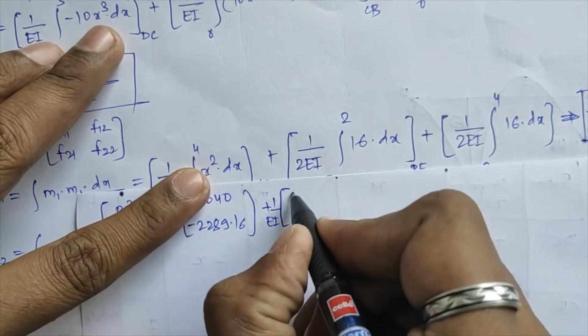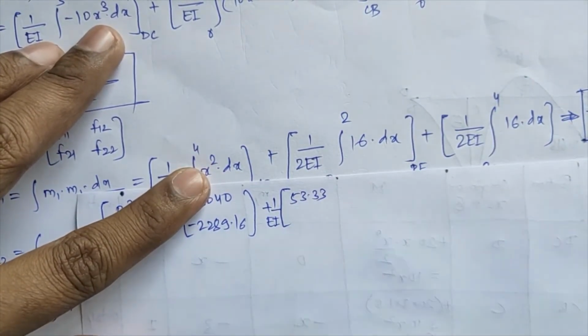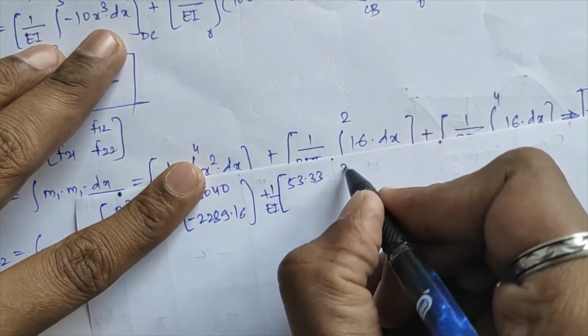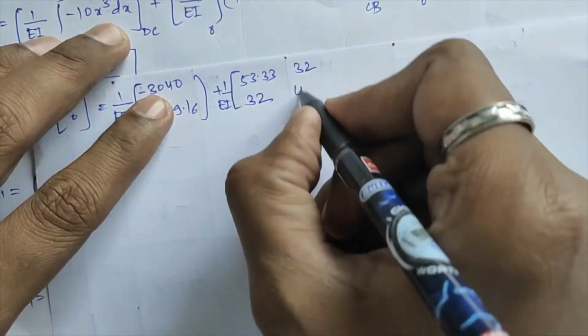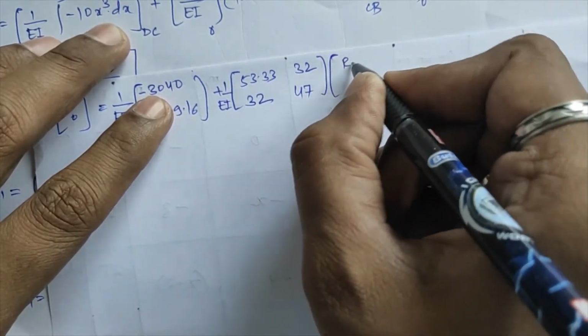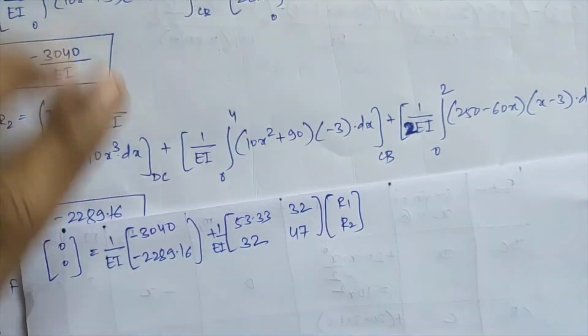So f of 11 I am getting equal to 53.33, f of 21 I am having 32, and f of 22 I am getting as 47, multiplied by R1 and R2.